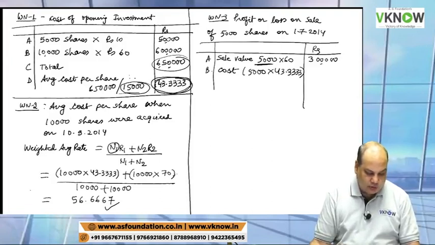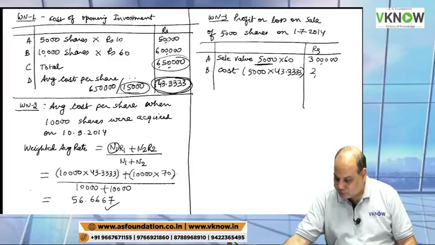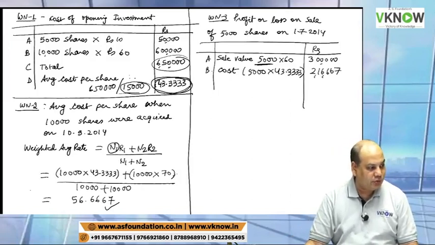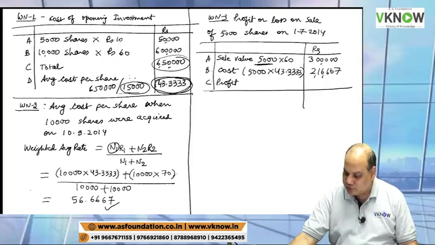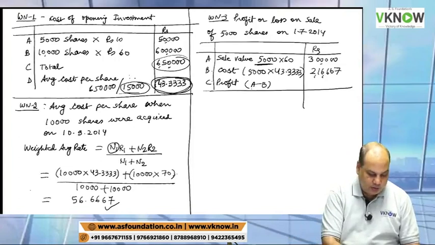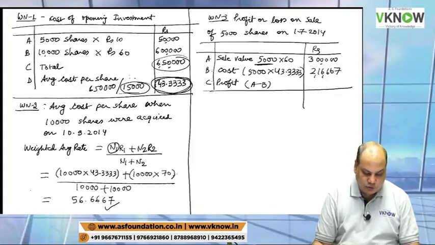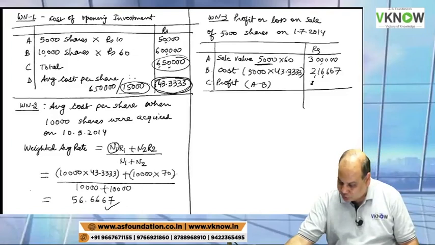That is almost 2,16,667. Now I hope you understood. Therefore profit on the first sale is A minus B. So kindly reply, what is your profit when you sold the first lot?